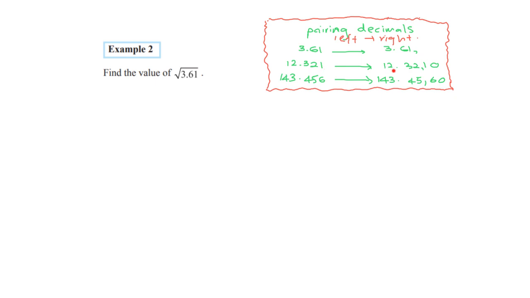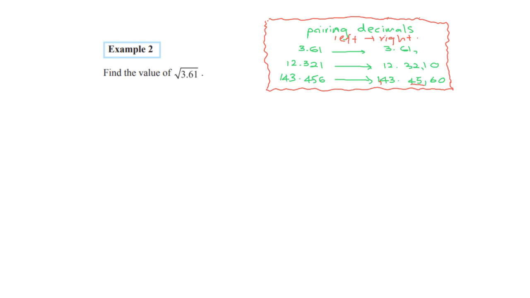You have 12.3210. You have to add 0 next to 1 to pair this number. Then you have 143.456. So if you pair the decimals here, you put a comma there: 1 comma 43, then 45, and you have to add 0 again, 60, like this.